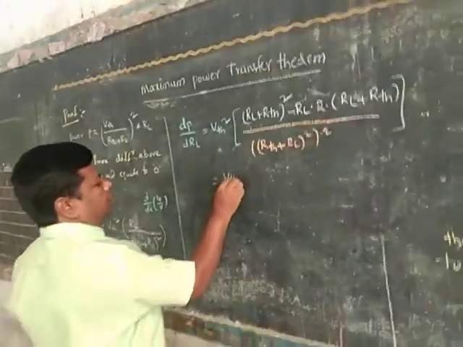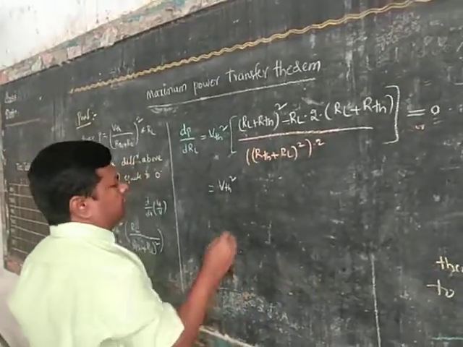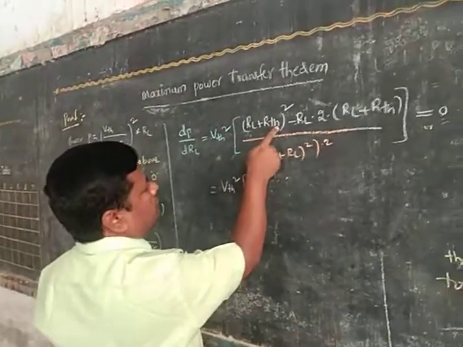Then set it equal to 0. V Thevenin whole square. Then take common RL plus R Thevenin out.